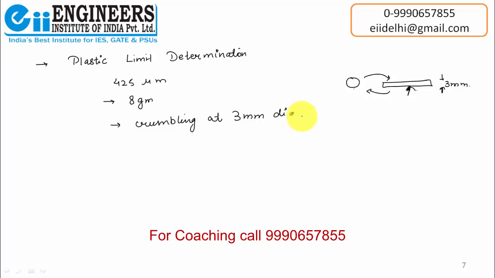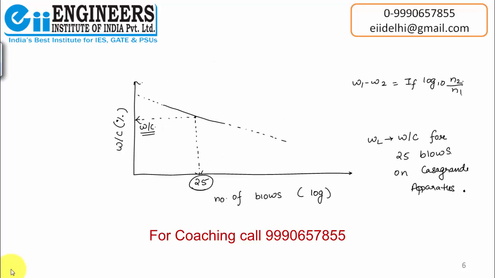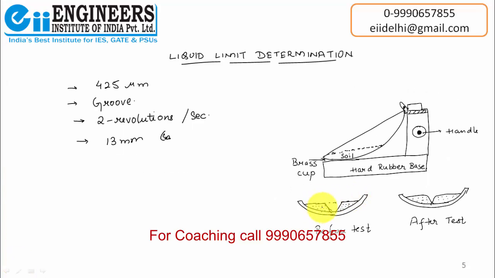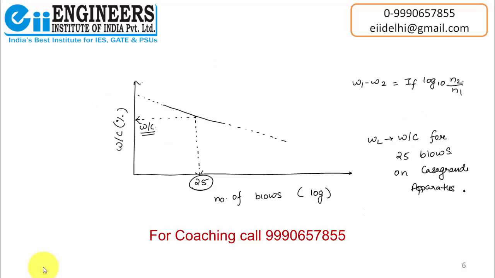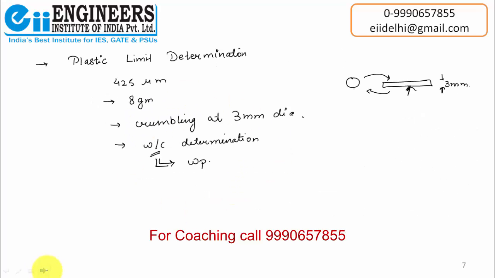After that, we take these crumbled threads and keep them for water content determination, and that particular water content is our plastic limit. In the previous part also, after finding the number of blows, we need to take this soil and keep it for water content determination for plotting this particular graph.